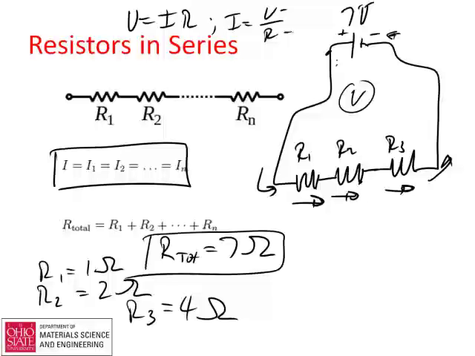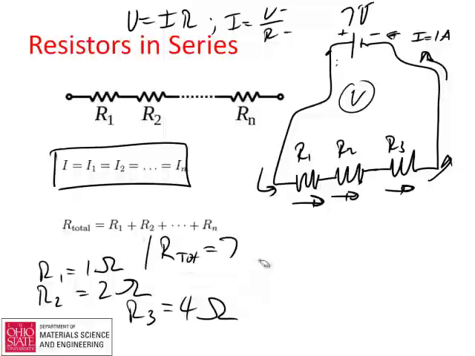And so I've got I here going this way. I is equal to 1 amp going through this thing. I'm just going to make a little room here. So now what I could do is take my voltmeter and put it across R2.